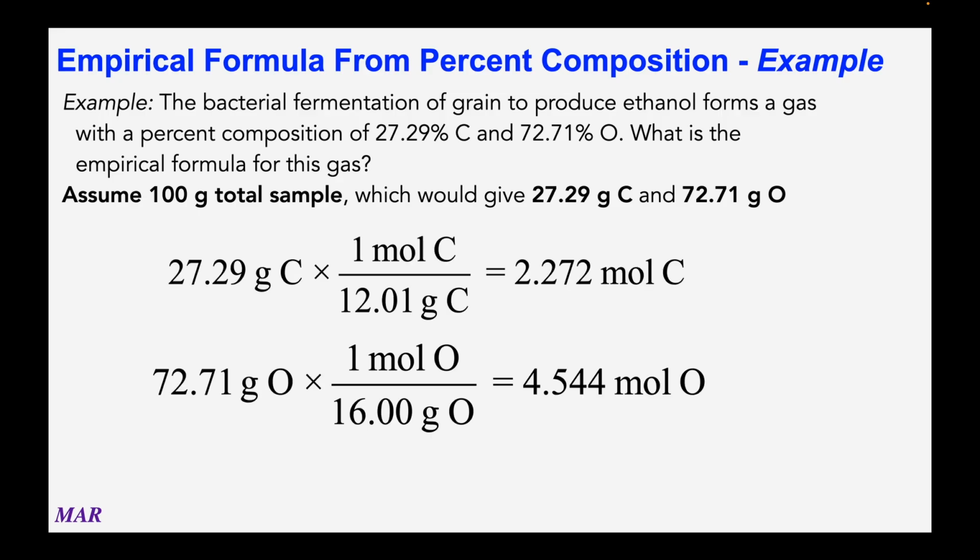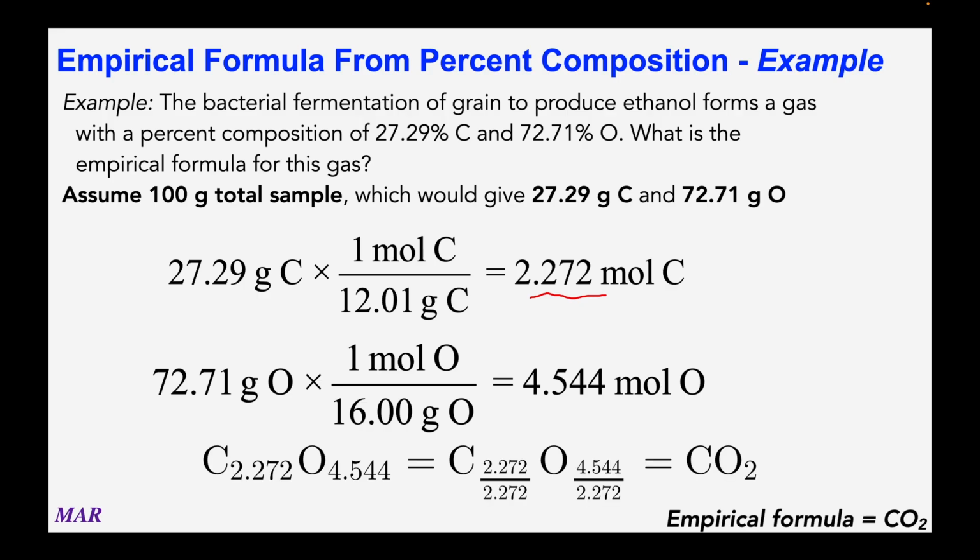Good to go. So when you turn the grams to moles, 27.29 grams of C divided by 12.01 grams per mole gives you 2.272 moles of carbon, and 72.71 grams of oxygen divided by the molar mass of O gives 4.544 moles of oxygen. So at this point, you have a formula. It's C 2.272 O 4.544, but that's really messy. Divide both of those numbers by the smaller number, which in this case is the 2.272 number.